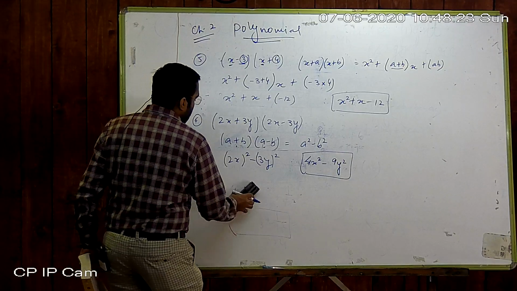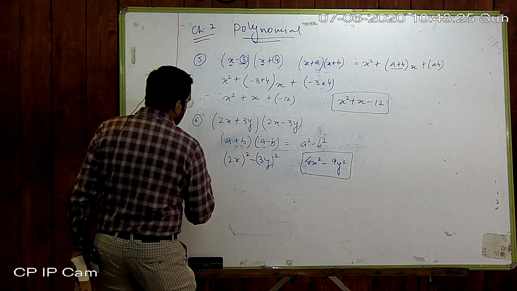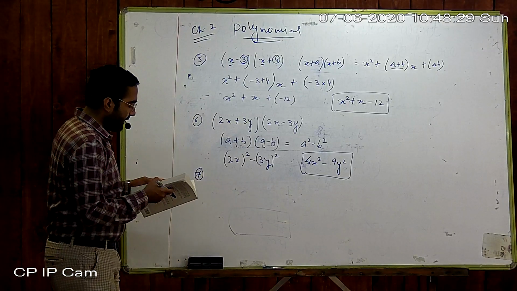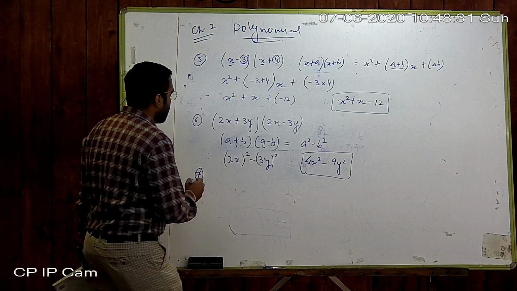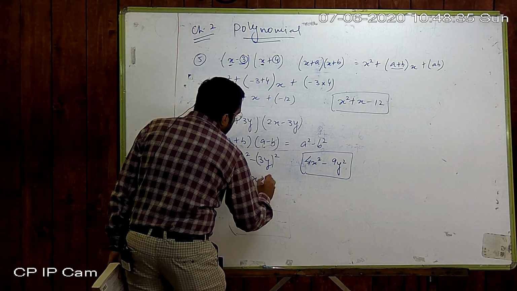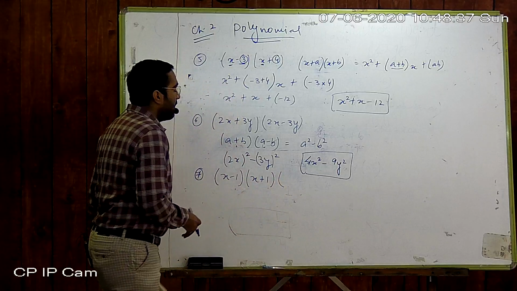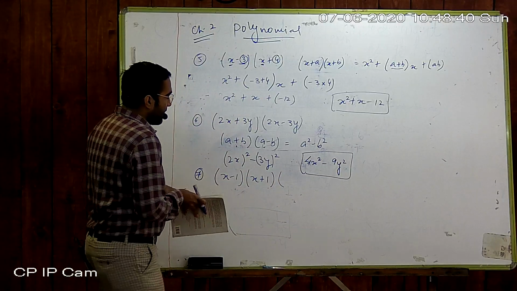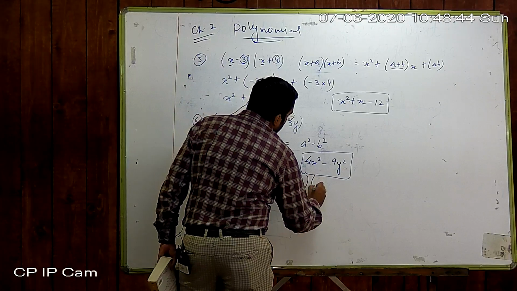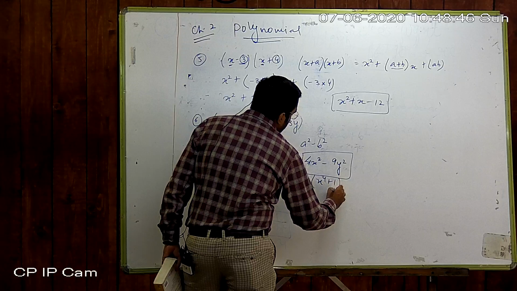Now we can use different kind of the formulas. Let's see another example: (x minus 1), second is (x plus 1), and in the third bracket (x square plus 1) and (x raised to 4 plus 1).